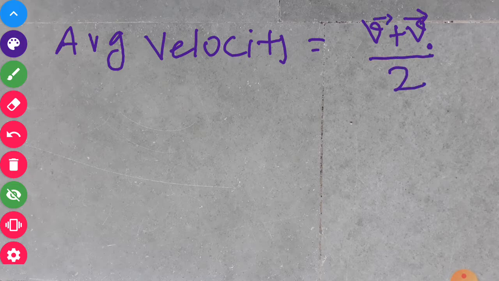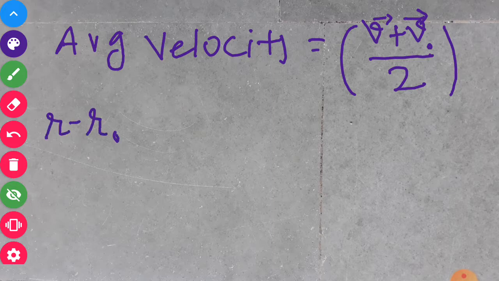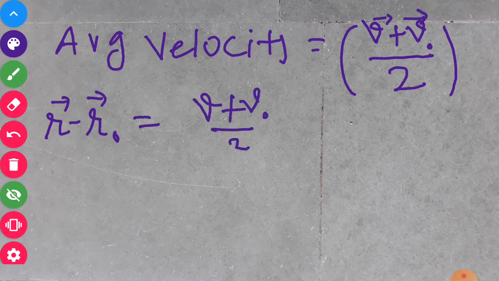This is very important for constant acceleration. For an object moving with constant acceleration this can be written, every time you cannot write it. Okay, average velocity is v plus v0 by 2. Therefore, displacement r minus r0 is nothing but average velocity multiplied by the time interval.